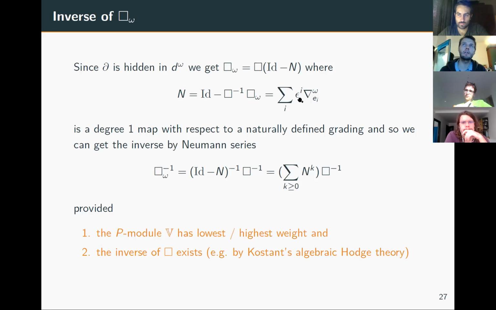And since epsilon is a section of the forms, and the forms are associated to P plus, this actually raises the degree by 1. So this perturbation to this algebraic operator raises your naturally defined degree on your bundles by 1.